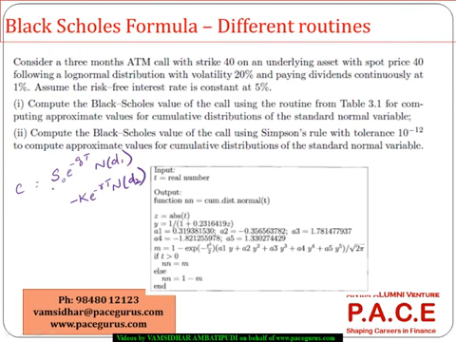So this is the Black-Scholes formula. So S naught is known, e power minus qT, K e power minus rT. All I have as unknowns is N of d1 and N of d2.